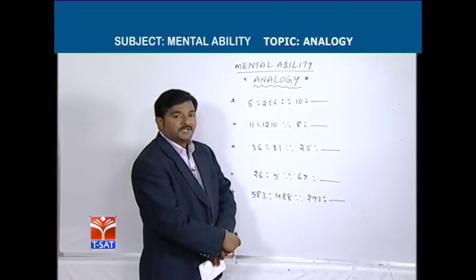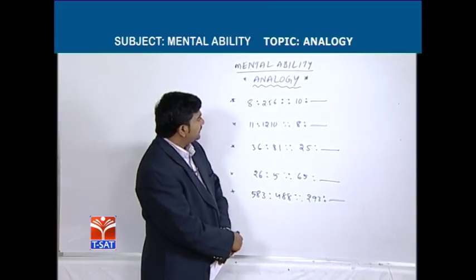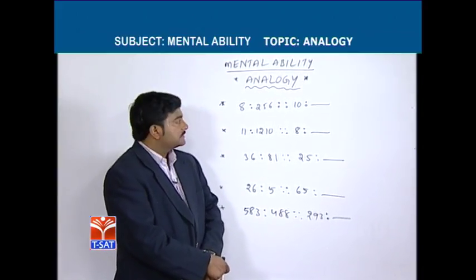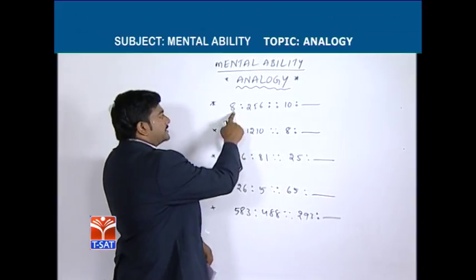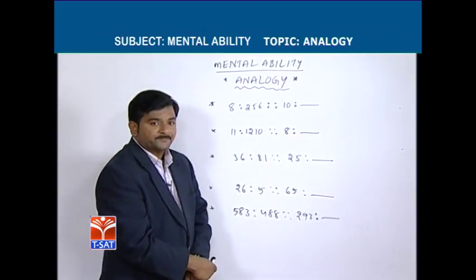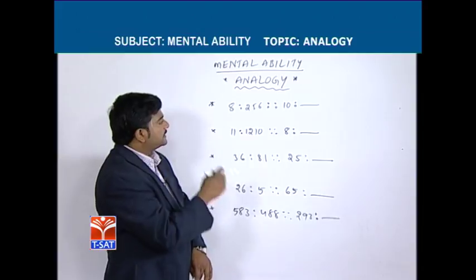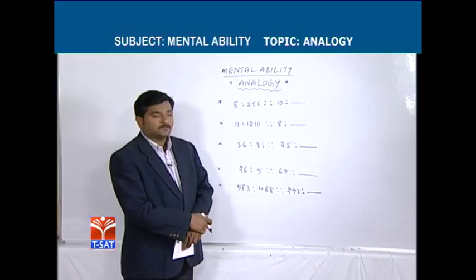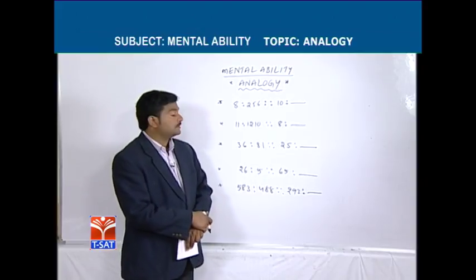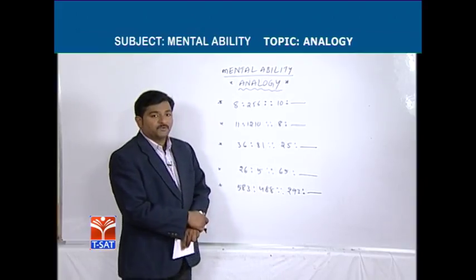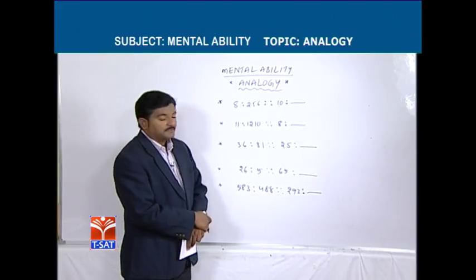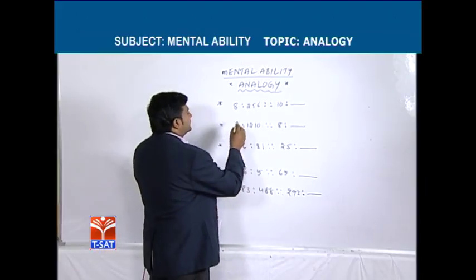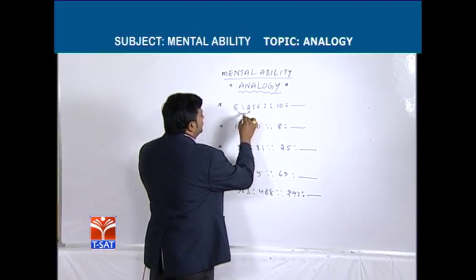Okay. 8 is to 256 as 10 is to dash. Now we will discuss the first model. We have to identify the relation between 8 and 256.